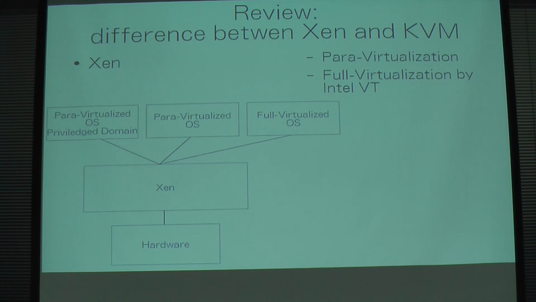Xen runs on hardware and Xen executes a paravirtualized OS. That is a privileged domain, so it is called host. And after that, they execute paravirtualized or other OSs that are non-privileged OS.